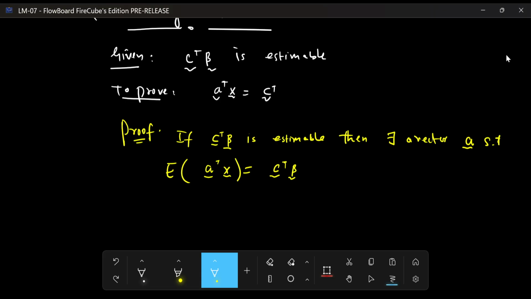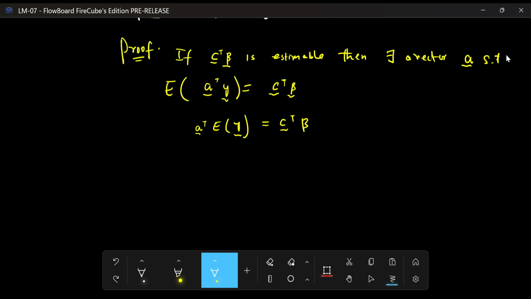See, A curl transpose will come out as a constant. As X is non-stochastic, non-random, but y is random, the expected value will operate only on random variables. We need to prove left hand side is equal to right hand side.